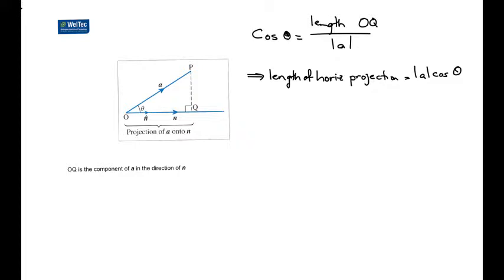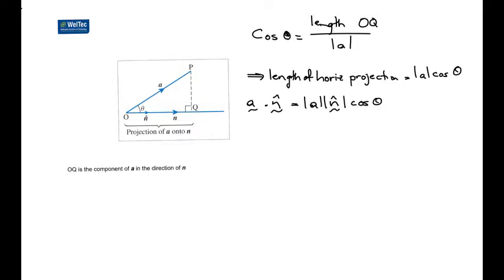But also we know this. We know that where n hat is the unit vector of n, A dot n hat is going to be equal to the length of A times the length of the unit vector times cos theta.